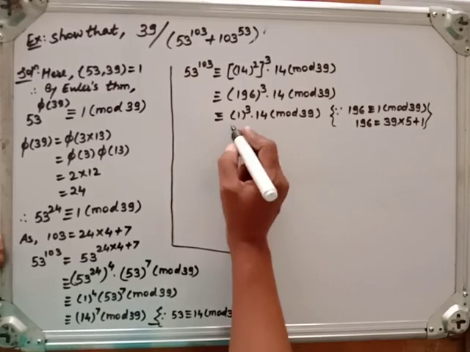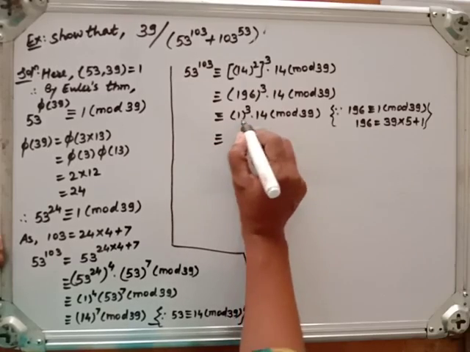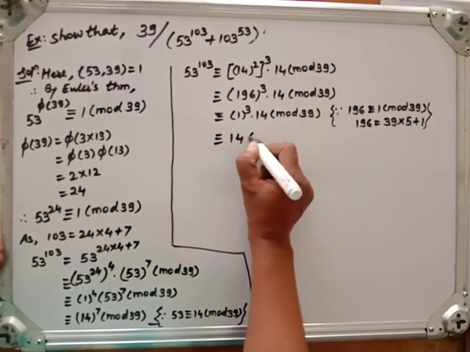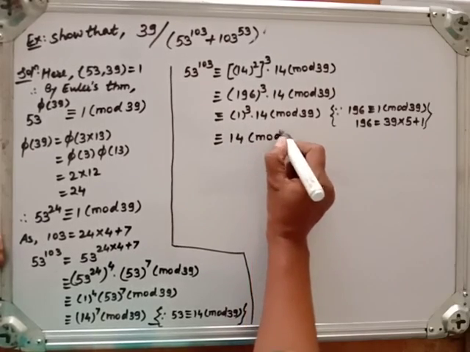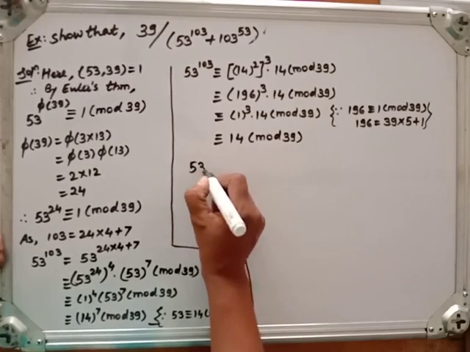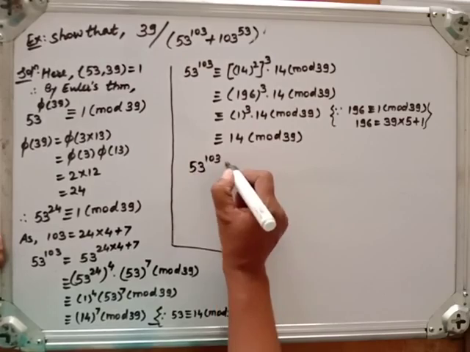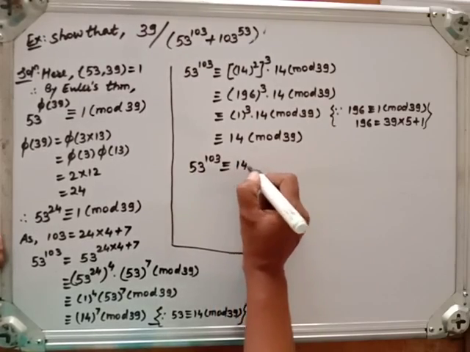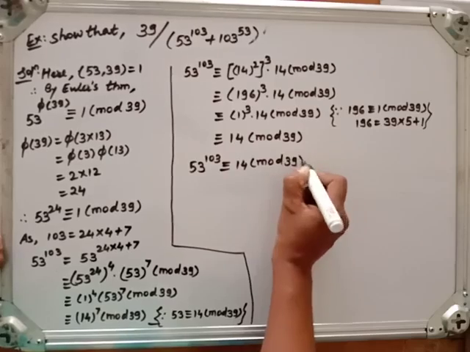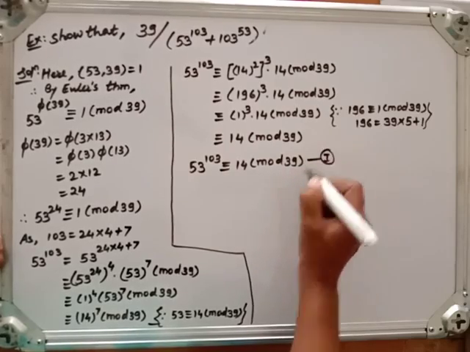So here what do we get? 1 cubed means 1 and 14 is here. Means we get 14 modulo 39. So finally we get 53 raised to 103 congruent to what? 14 modulo 39. This is our equation number 1, suppose.